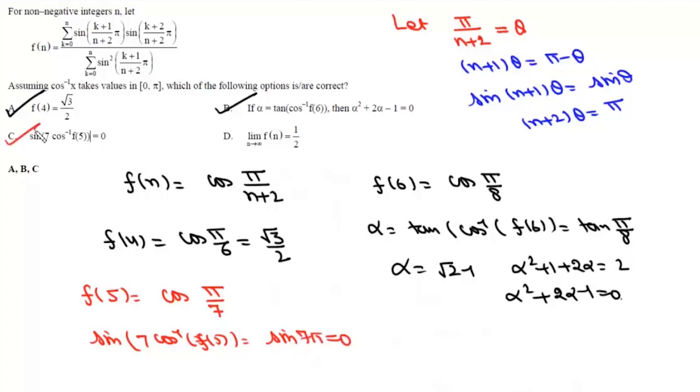That means option C is also correct. And then this limit n tends to infinite, fn will be this limit n tends to infinite cos pi upon n plus 2. Now this is cos 0, and cos 0 is 1. So option D is incorrect. So the correct options are A, B and C.